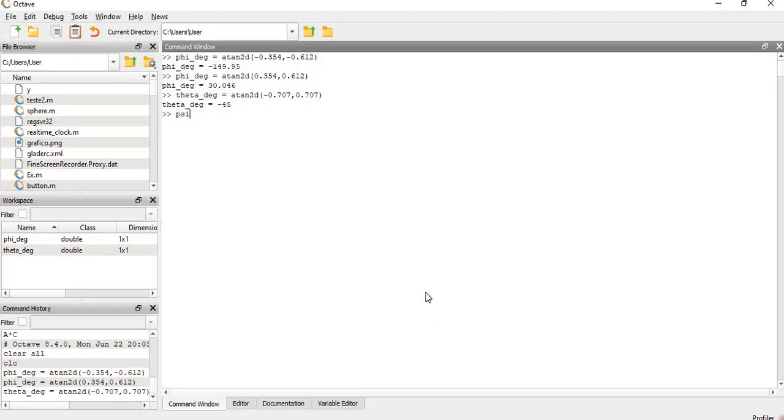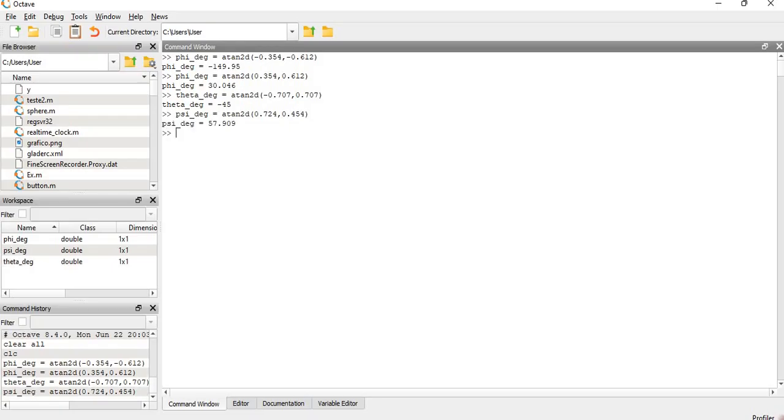So now it's psi in degrees, which is equal to atan2 of 0.724 and 0.554. Enter, and approximately 58 degrees. Let me see.